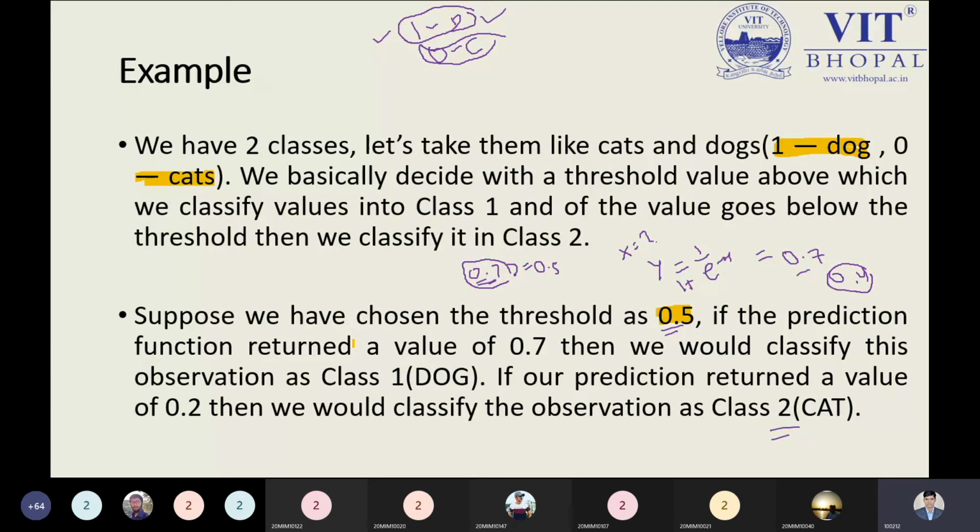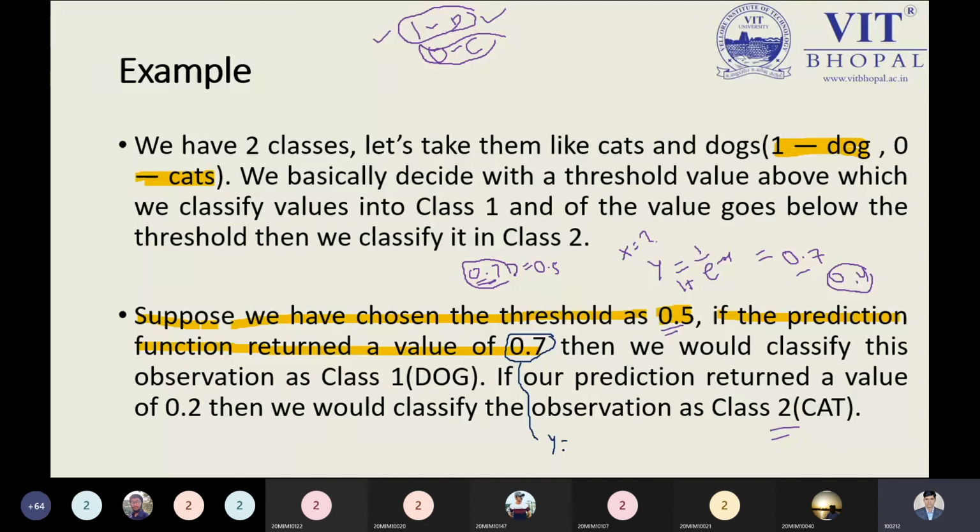Suppose we have chosen the threshold value of 0.5. If the prediction function returns the value 0.7, this value is coming through the y. This is our target value. We are deciding the threshold value 0.5 and getting a y value of 0.7.